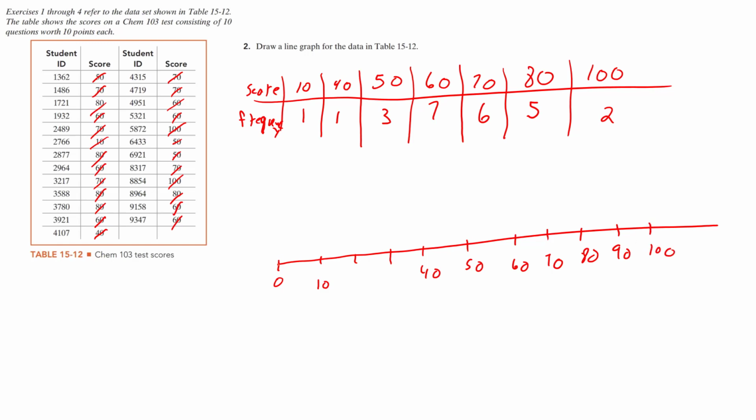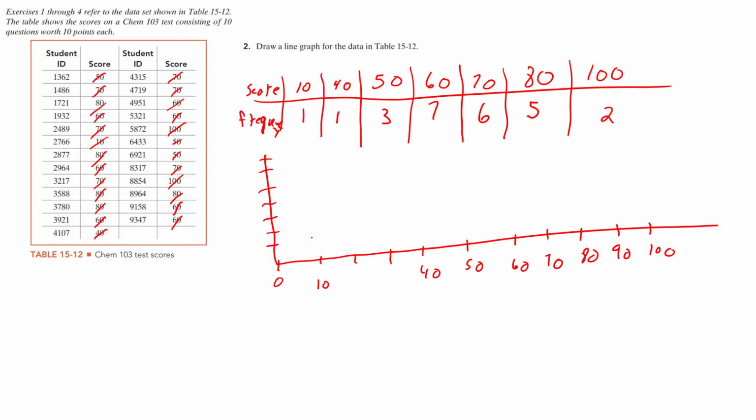And then for the frequency, we're going from 0 to 7. 1, 2, 3, 4, 5, 6, 7. So instead of drawing a bar to only 1 right there, right? It should be the 1.